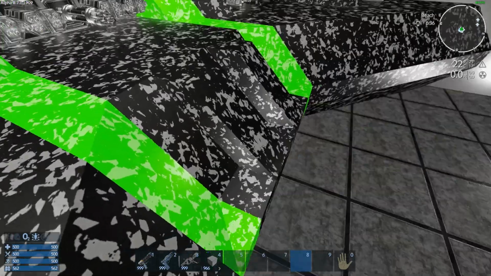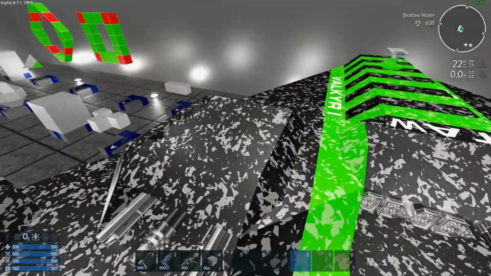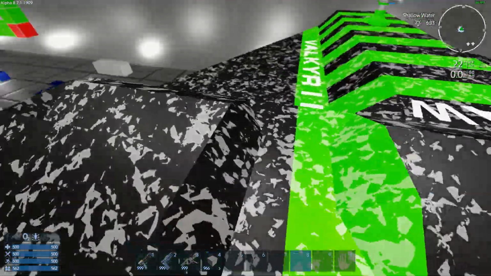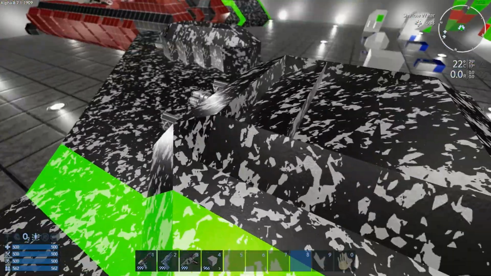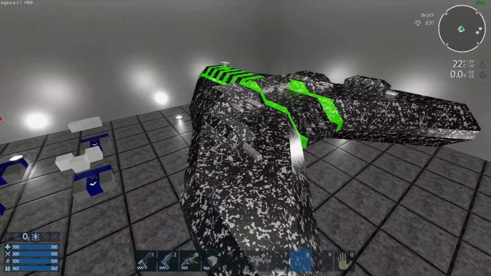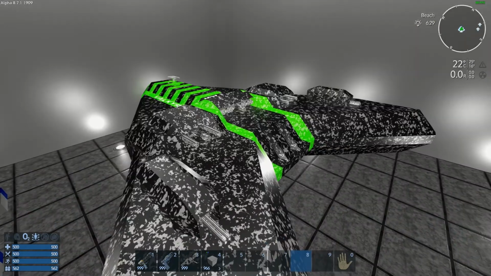So we've got some protruding blocks here that have just added definition to the hull, and we've got some corner blocks here. And even though they're adding 2 surfaces where it would only be 1 if I remove these, it makes it look better.